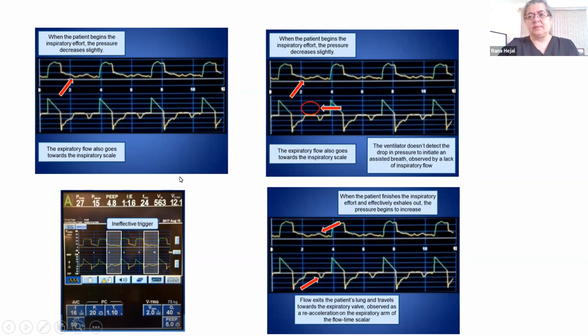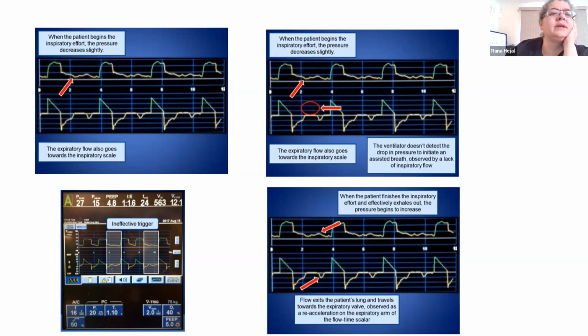And each one of them has their components, and you can divide the asynchrony into three categories basically. There's the triggering category, there's the flow category, and the cycling category.